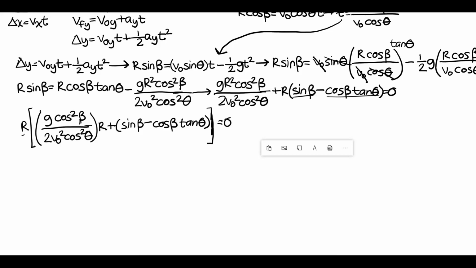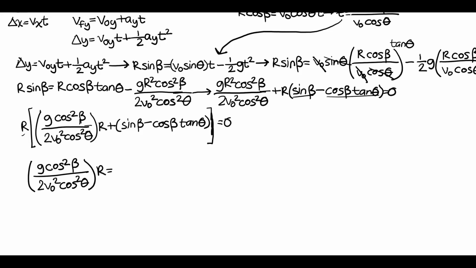And how do we do that, you might ask? Well, let's start. So I have g cosine squared beta over 2v0 squared cosine squared theta times R equals cosine beta tangent of theta minus sine beta.